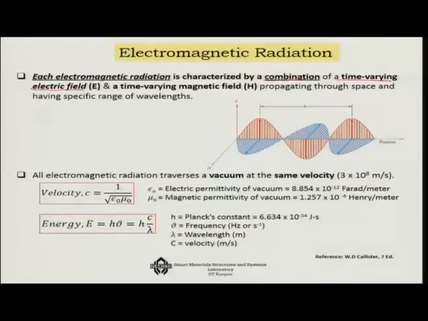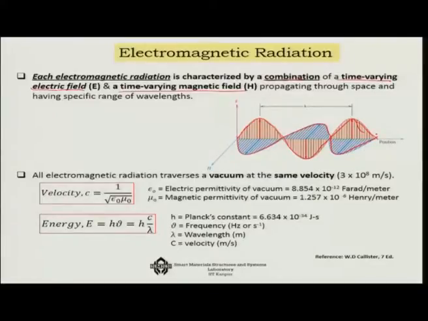One is the electric field wave and another is the time varying magnetic field. So, if you denote one in this manner, as the time varying electric field, suppose, then the other one is the time varying magnetic field. It is just transverse to the two.